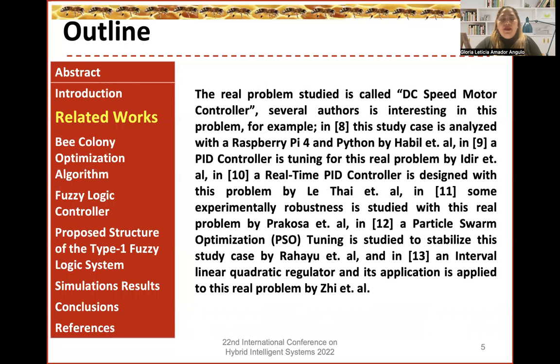The related work on the real problem studied, the DC speed motor controller, is also of interest to several authors, for example references 8, 9, 10, 11, 12, and 13.